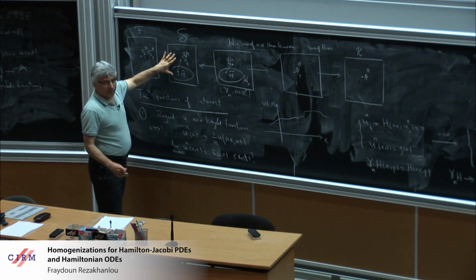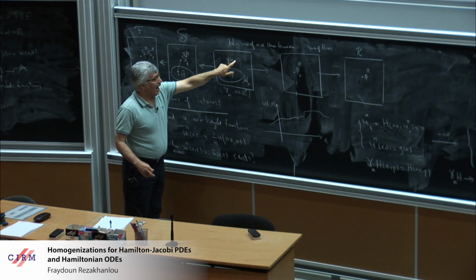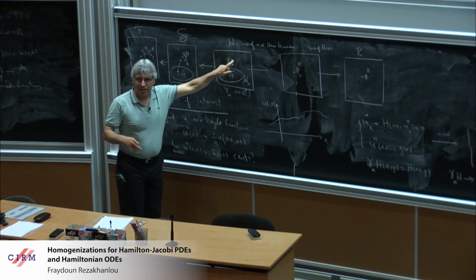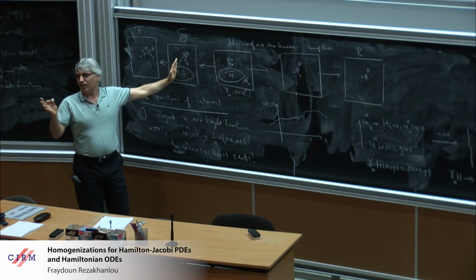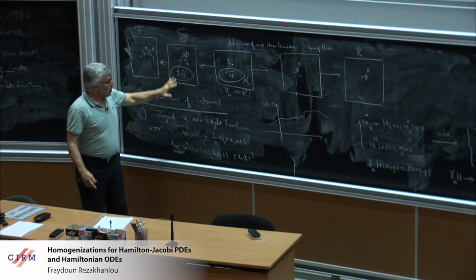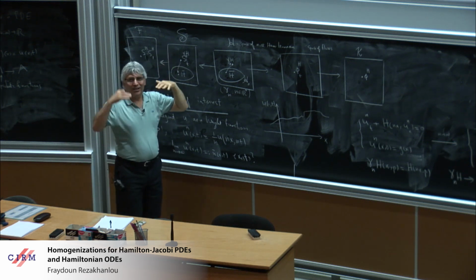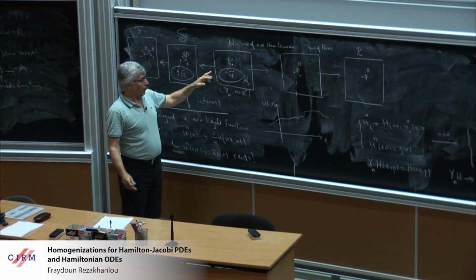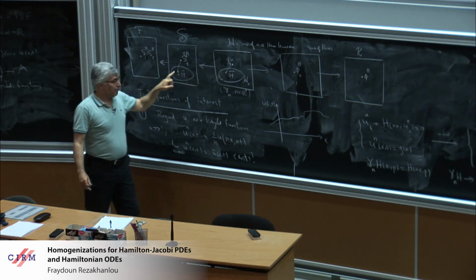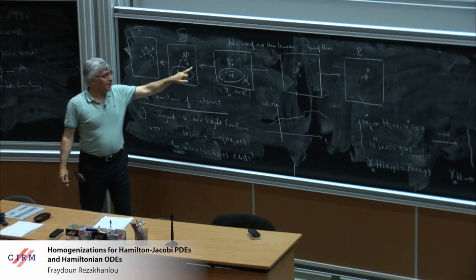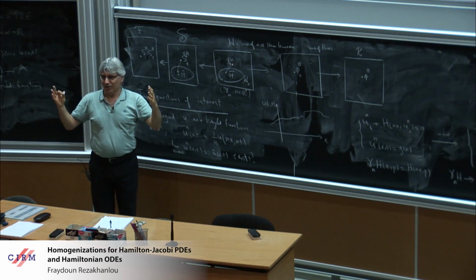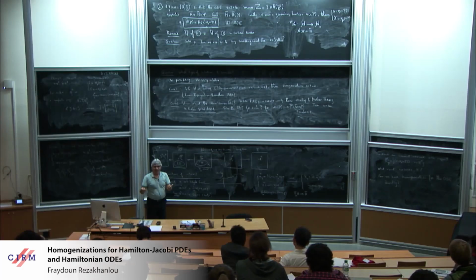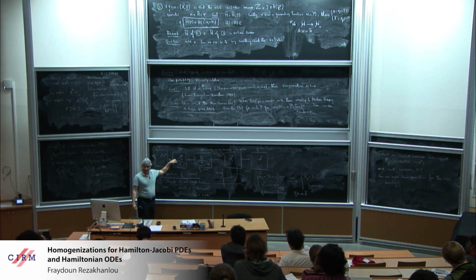Well, you go back here, you say a sequence H converges in this topology if the corresponding semigroup converges. In an artificial way, you can do that. So I can say that in some integrated way, this thing converges, because after all, solving this PDE, in some sense, you're integrating out your Hamiltonian. That's why the oscillation is averaged out, is damped. That's why you have a chance to have a convergence here.